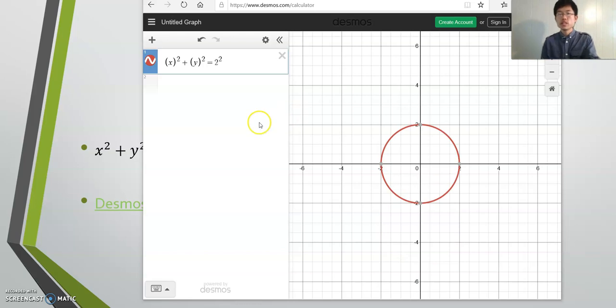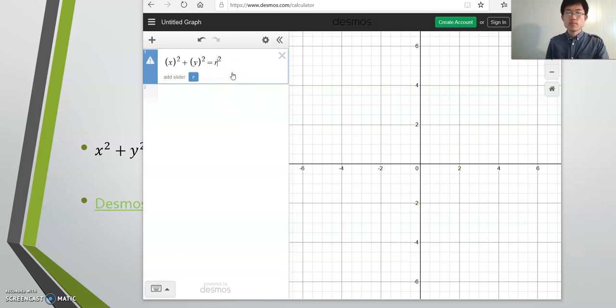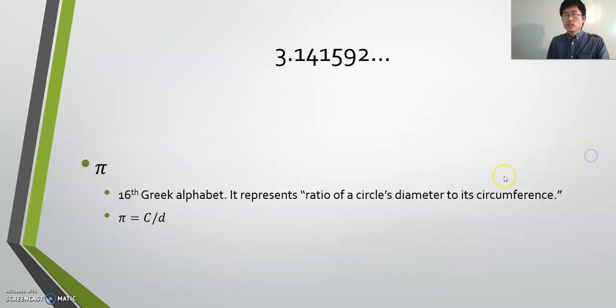Anyway, so here is the general form of the circle equation, x squared plus y squared equals r squared. Right? So one value that is associated with circles is pi, the 16th Greek letter.